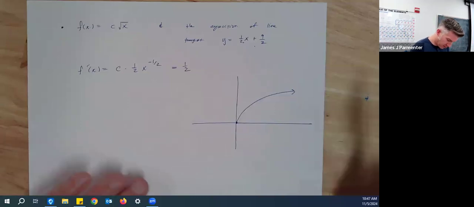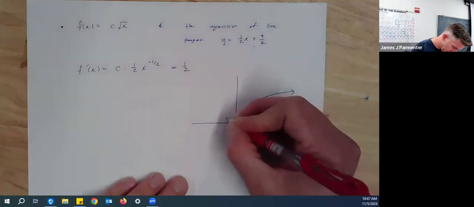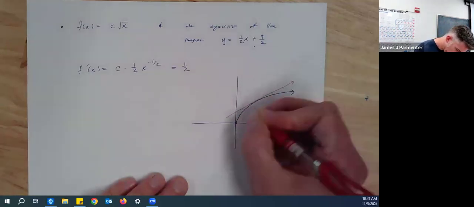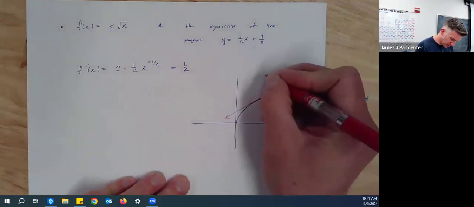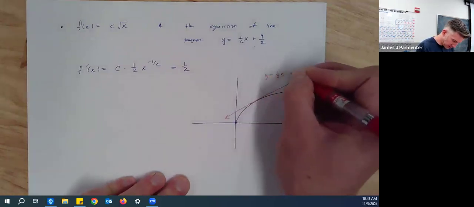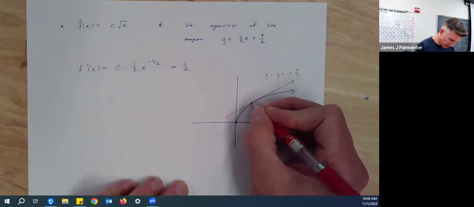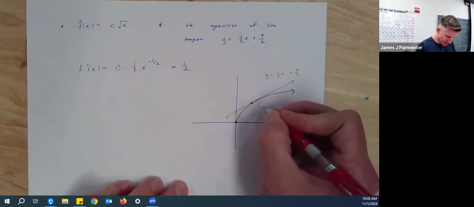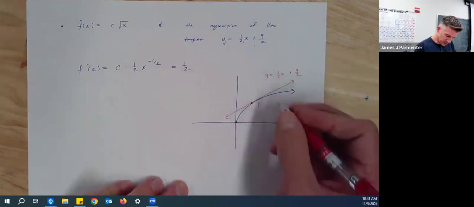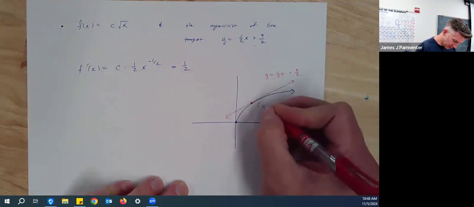And then I'm looking for the equation of this tangent line right here. So I know the equation of this line is y equals 1/2 x plus 9/2. I know at this point here, I really want to use other letters here. Let's say this is the point.